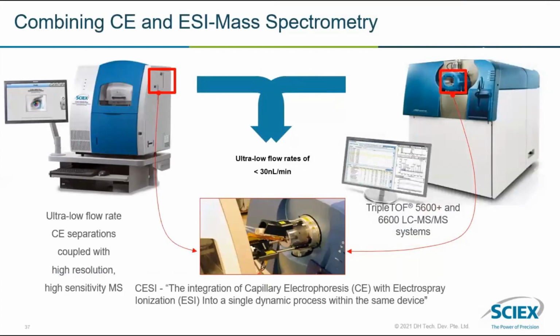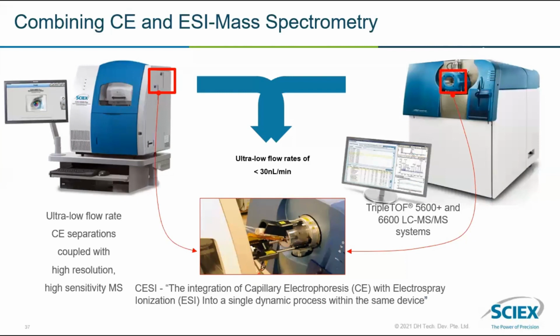So what we do here is we combine the capillary electrophoresis with an ESI nanosource and with the mass spectrometry. In this example, you can see the capillary electrophoresis on the left-hand side is coupled with the ESI nanosource and the mass spectrometry on the right-hand side.